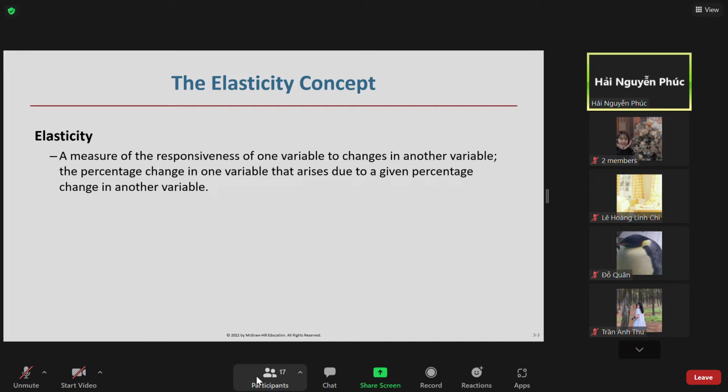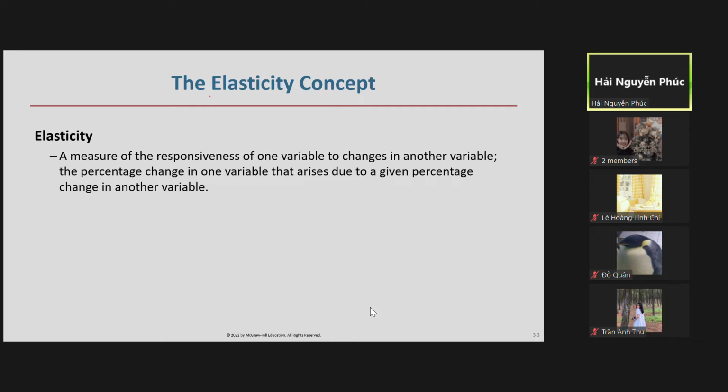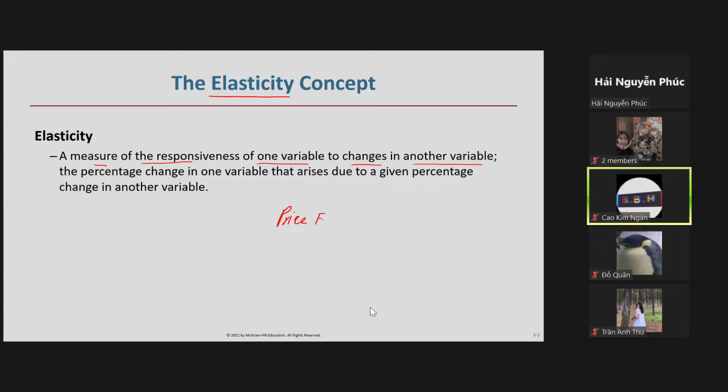Now, first of all, here we have the definition of what is elasticity. The definition is pretty simple. It is a measure of responsiveness of one variable to changes in another variable. Suppose we are talking about the price elasticity of demand.